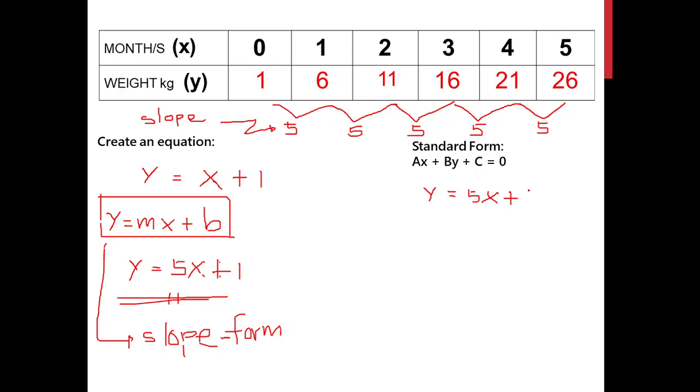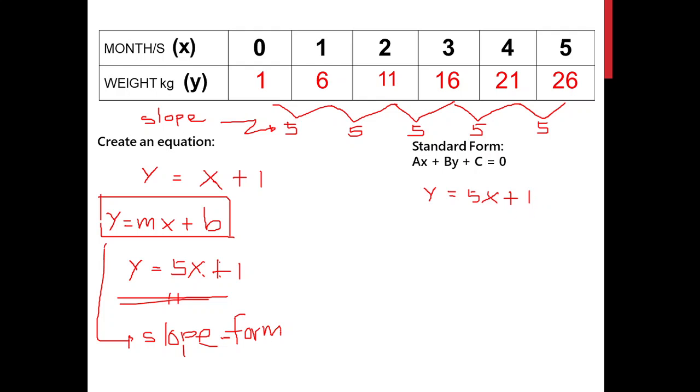Now, if you notice here in our standard form, all the variables here are on the same side of the equation, and it equates everything to 0. Compare here in our slope-intercept, the y variable is on the other side, while the rest is on the other side.